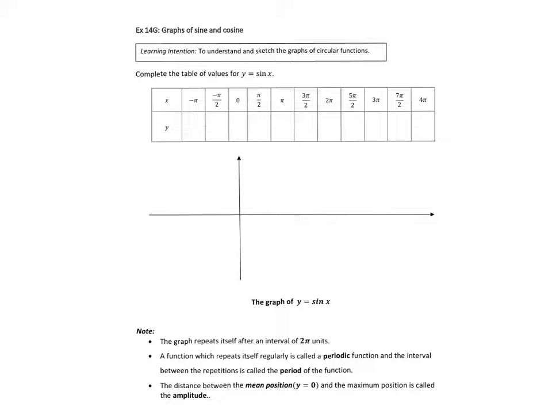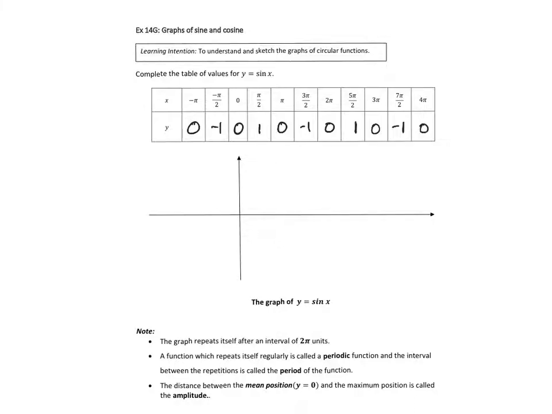So if I fill in this table here, I get 0, minus 1, 0, 1, 0, minus 1, 0, 1, 0, minus 1, and 0.